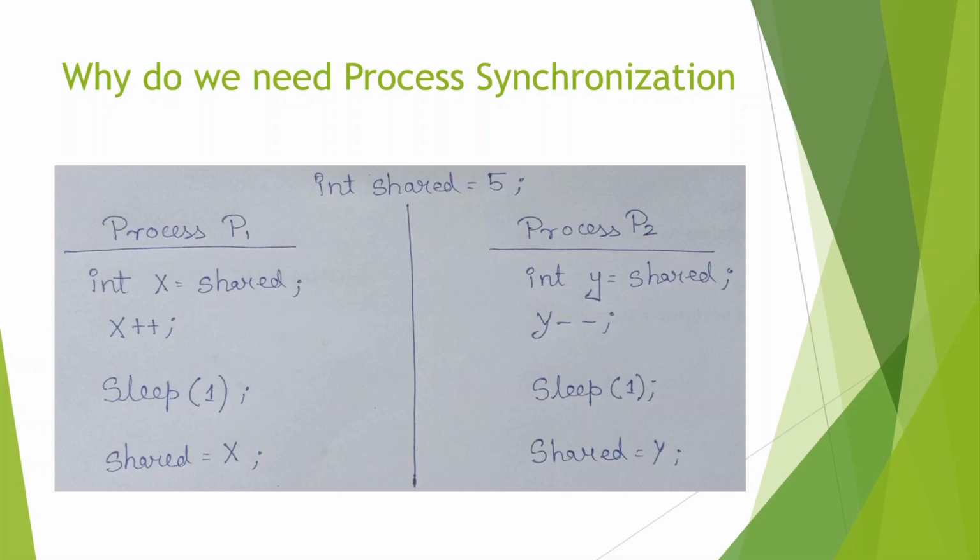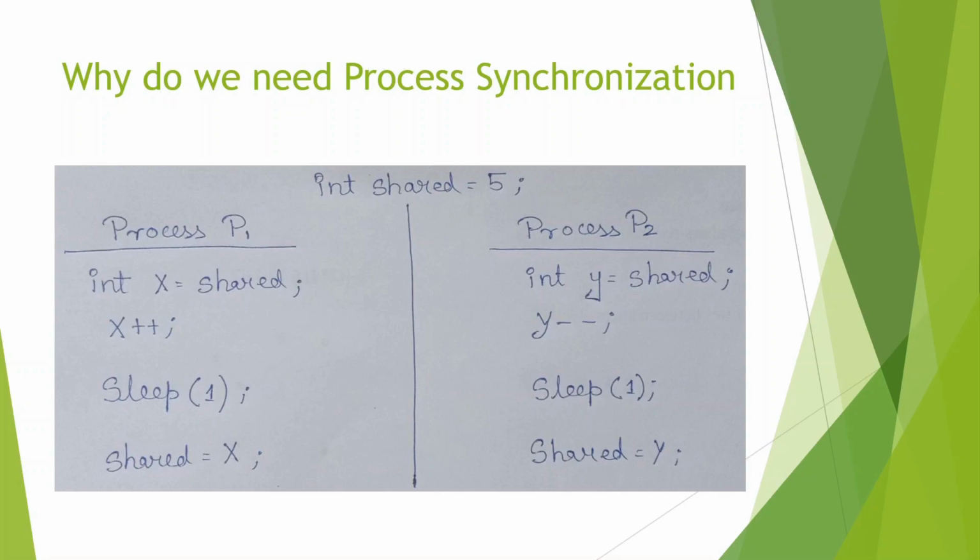Then again we get a sleep instruction. Context switching will occur again, and process P2 will sleep for 1 second and go to the waiting state, and the control will return to the next instruction of process P1.